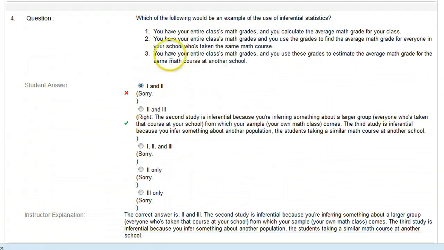Okay, number 4. Which of the following would be an example of the use of inferential statistics? Inferential statistics are statistics where you're making an inference or a guess about a larger population. So let's say you were studying a high school and you only took a survey of 10 students out of ninth grade, 10th grade, 11th grade, and 12th grade.